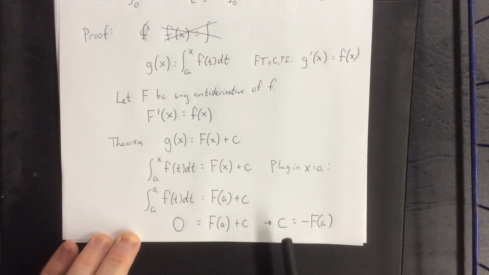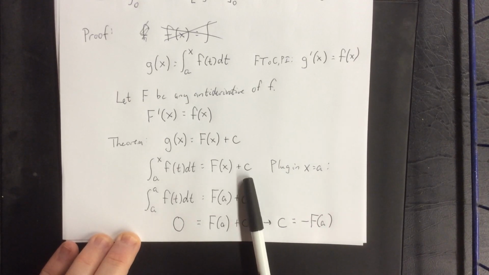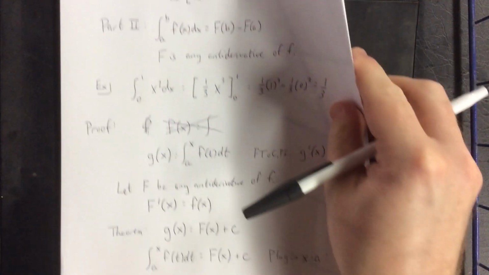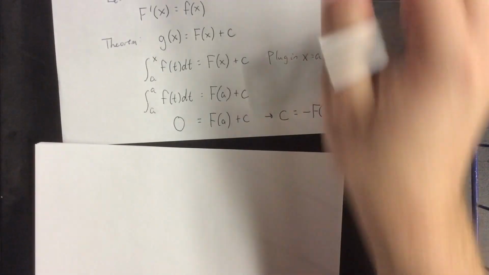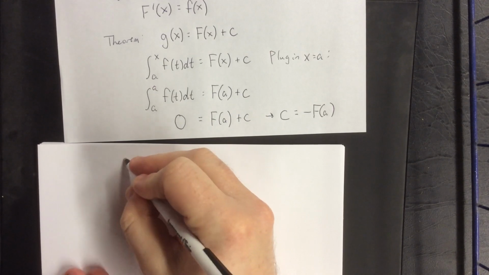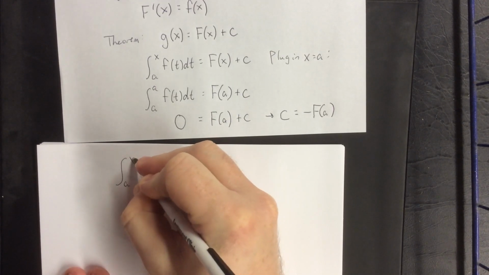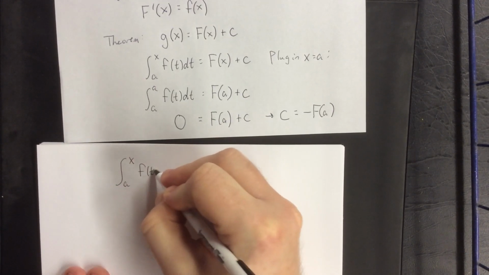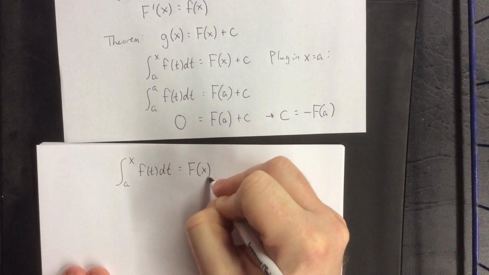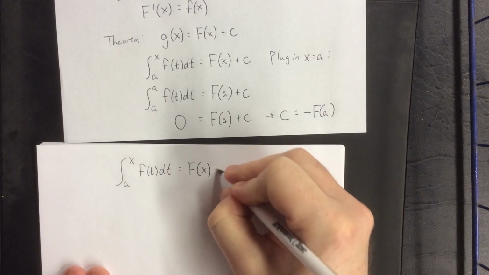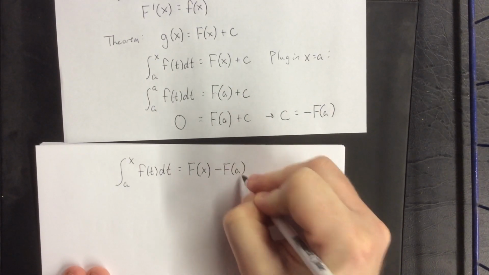I'm going to take this value of c and plug it back in right here. That is going to give us the following statement. The definite integral from a to x of f of t dt is equal to capital F of x minus capital F of a.